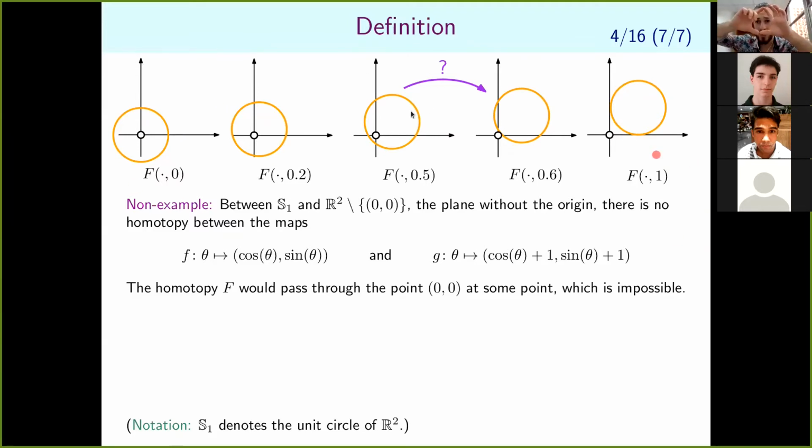Maybe there is a way to deform the circle and escape from this problem of the origin. But it turns out that this is impossible. In R2 minus the origin, there is no homotopy between these two circles. Okay, but we won't be able to prove it now. We will have to use more sophisticated tools.